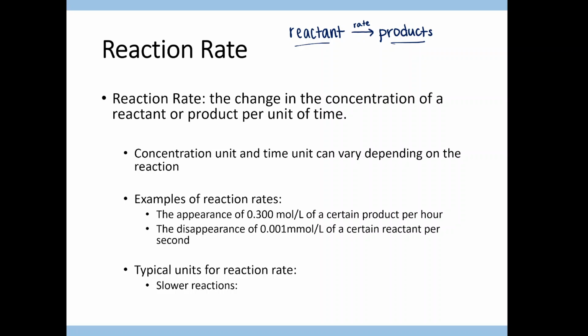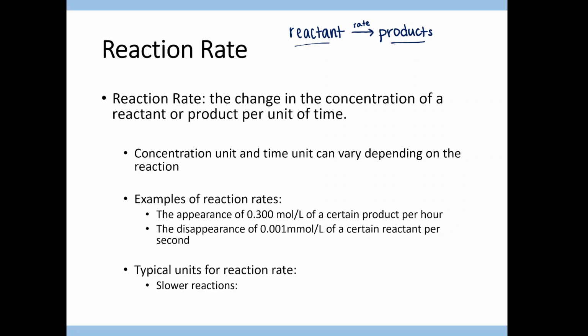The concentration unit, so we talked about different concentration units in class. That can vary, and the unit of time that's used in a reaction rate can vary depending on the reaction. So for example, you can say a rate for a reaction is 0.3 moles per liter of a certain product per hour.